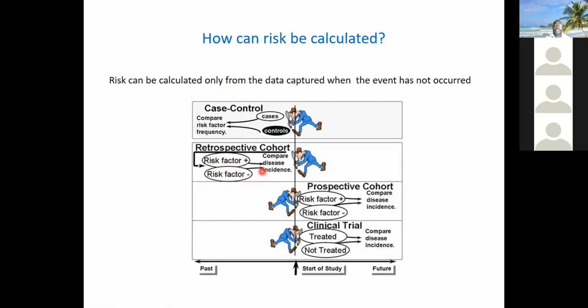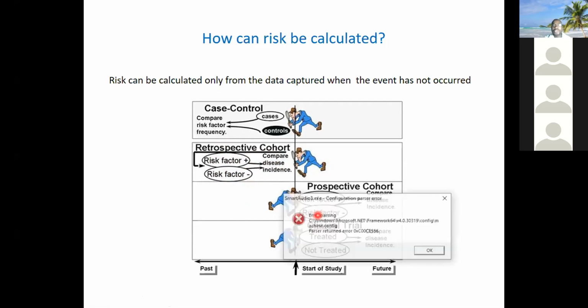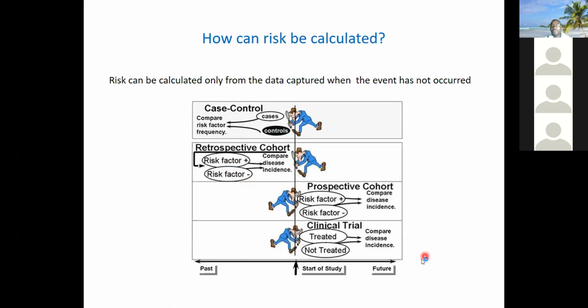We look forward after some years to see how many that take OCP develop varicose vein, and how many that did not take develop it. So you have already recruited and compared them, then you look forward to see how many develop later.